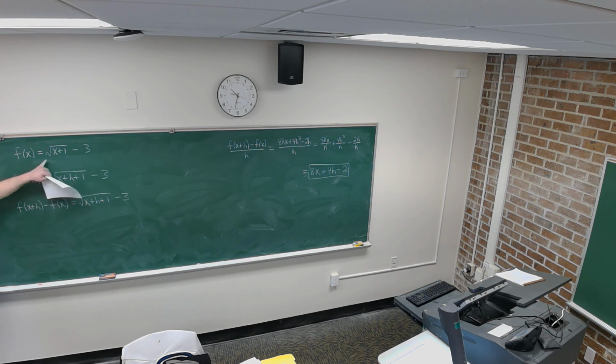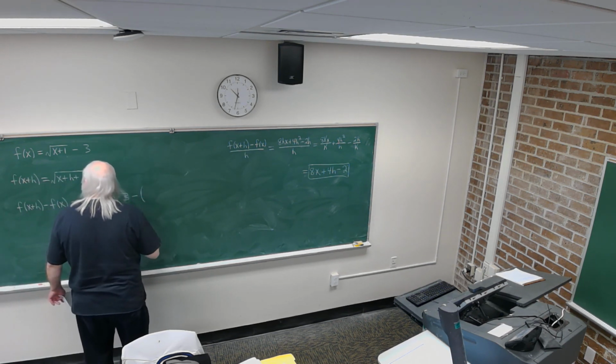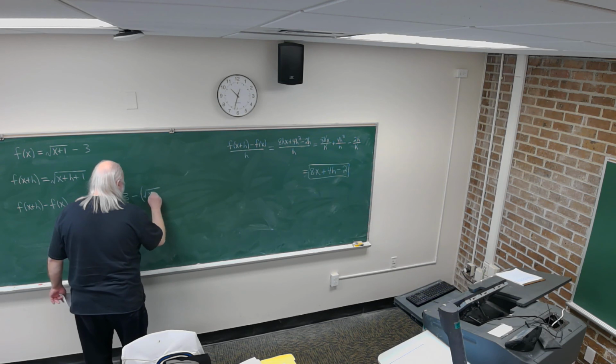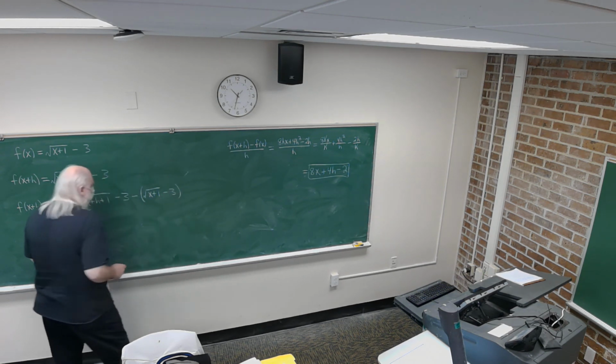If f of x has more than one term, two or more terms, put it in parentheses, or you'll only subtract the first term and not the second, third, fourth, fifth, sixth terms. So it's minus the square root of x plus 1 minus 3 in parentheses.